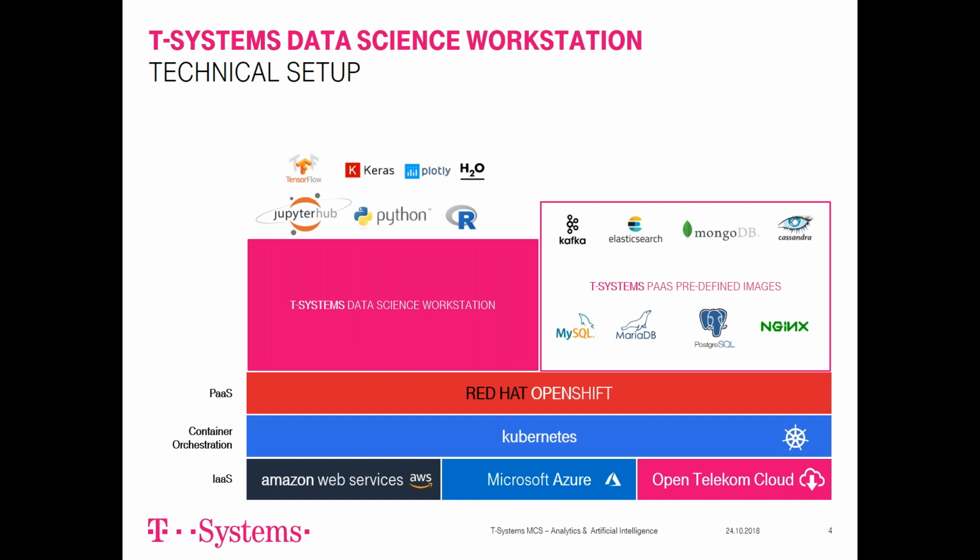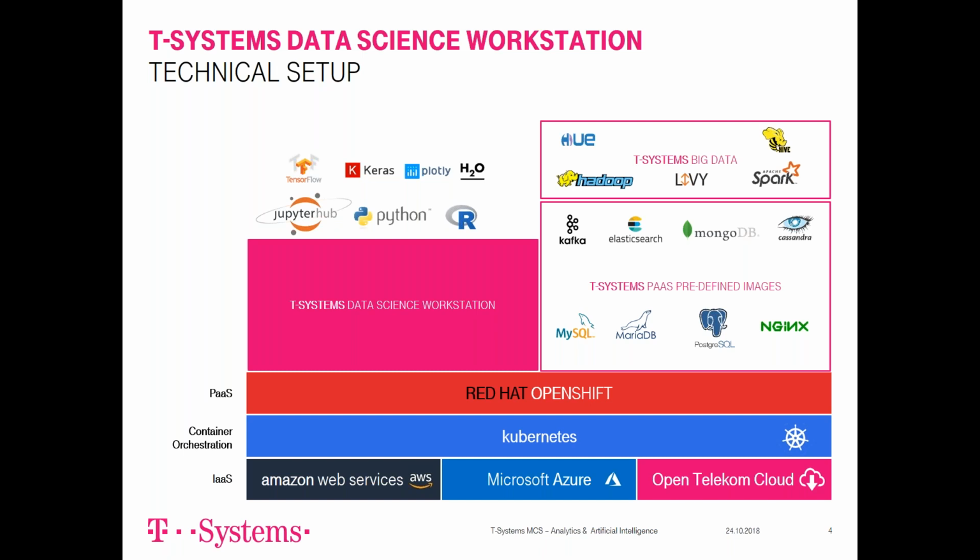That is very cool. And in addition, as we are also offering big data for our customers, we developed a small big data environment based on Hadoop, Hue, Spark, and so on, which runs on our platform on OpenShift and is based on Docker.